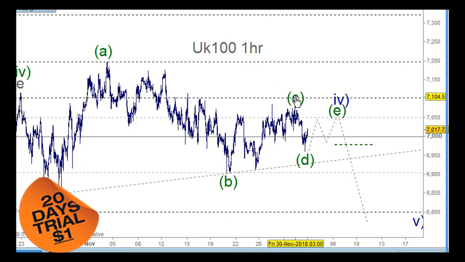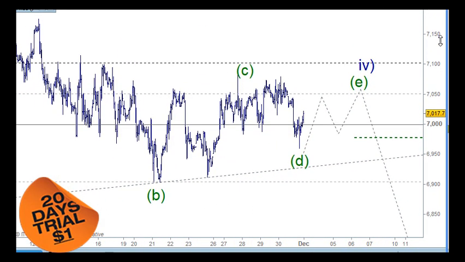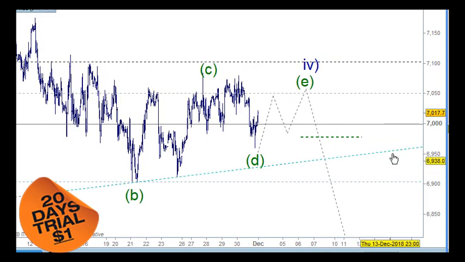But I know most people would have it here, but it can go here as an A and a B and a C here, and then we'll look for an A and a B and a C here as well. I mean, the good thing about this is that we've got the 7,000 here, so let's just allow this to play out here, and then we can look on the short side later in the week for this.